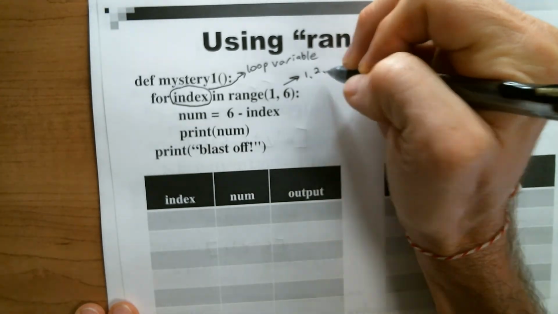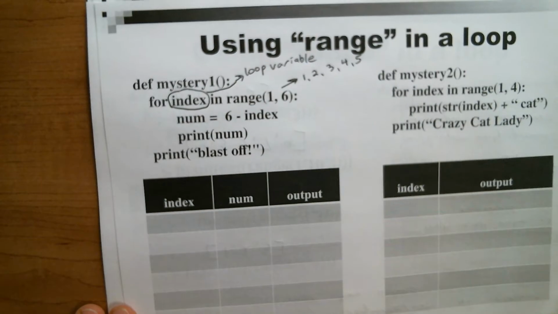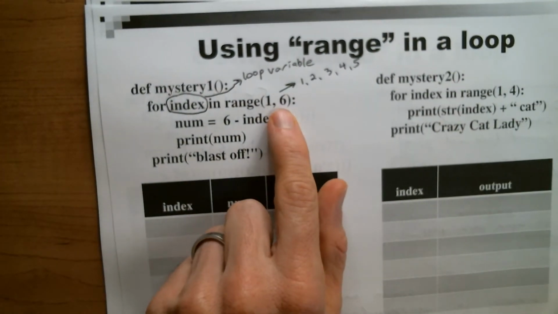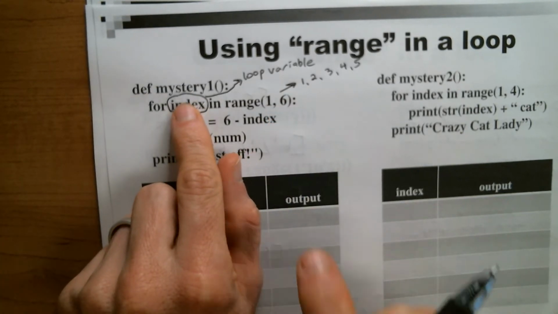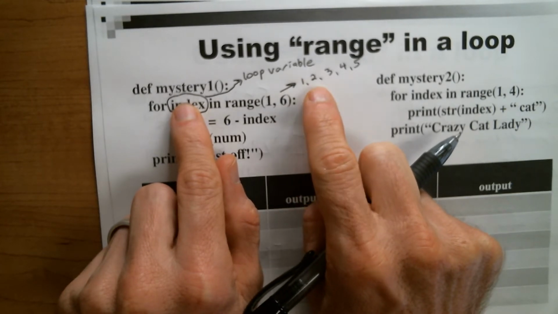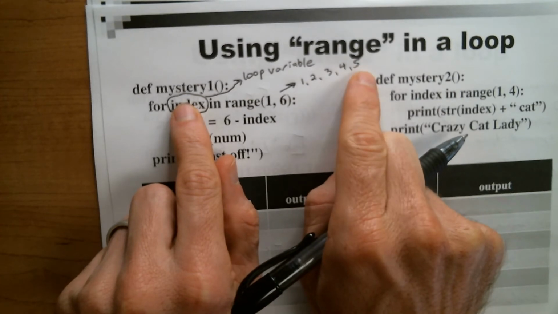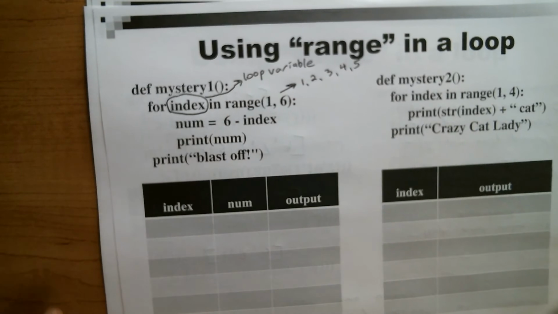It's going to go to 2, 3, 4, and 5. It's going to create a sequence of those numbers. It's not going to get up to 6. So as this loop functions, index is first going to get the value 1, then the value 2, then 3, then 4, then 5. So it's just going to work through this list one at a time.